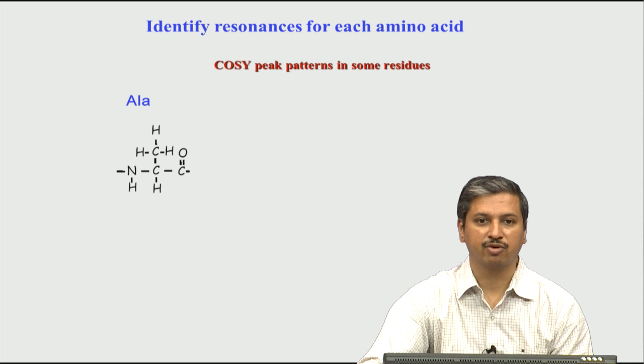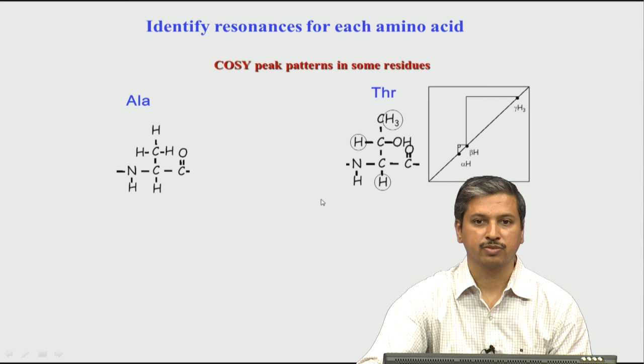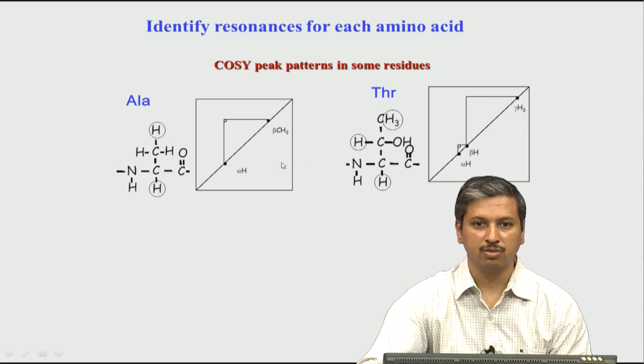We will look at a few examples of peak patterns. Given that we have 20 types, let us look at how an alanine COSY pattern, this is proton to proton COSY, will look like, and how the peak pattern of another amino acid, threonine, will look like. This is shown here.